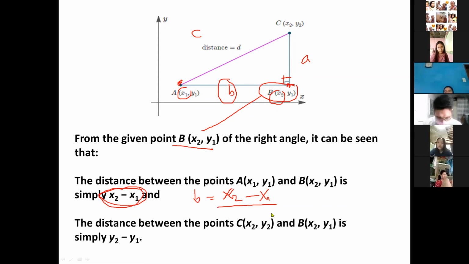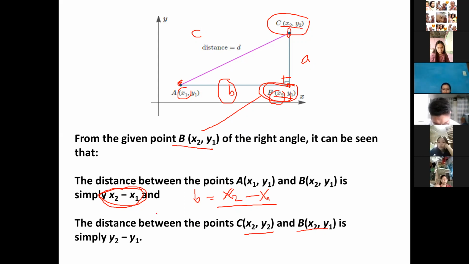Now, the distance between the point C and point B. This is point C at the top. This is point B. And these are their coordinates. At point C, x sub 2 and y sub 2, here they are. At point B, x sub 2 and y sub 1, here they are.